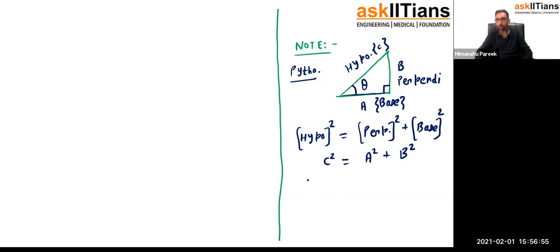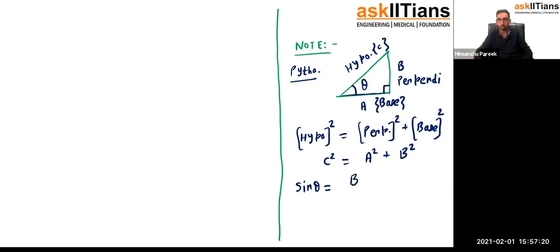Now, if you have heard of the trigonometric relations, sine theta, cos theta, tan theta, that also we can write here in the right angle triangle. Sine theta is the trigonometric ratio of two sides. Similarly, cos theta is the ratio of two sides. Then tan theta is a ratio of two sides. First of all, sine theta is perpendicular upon hypotenuse.